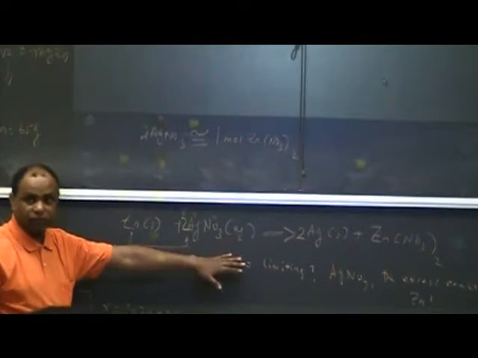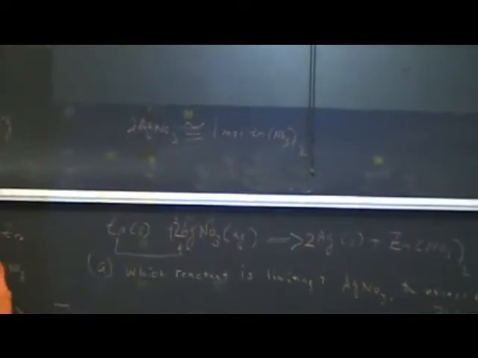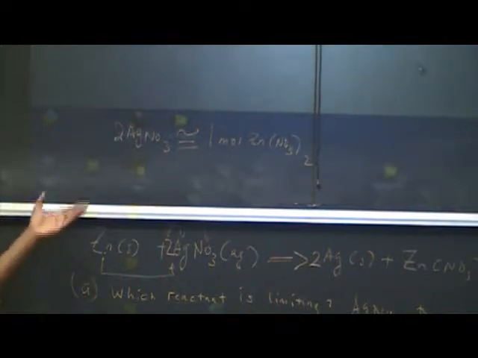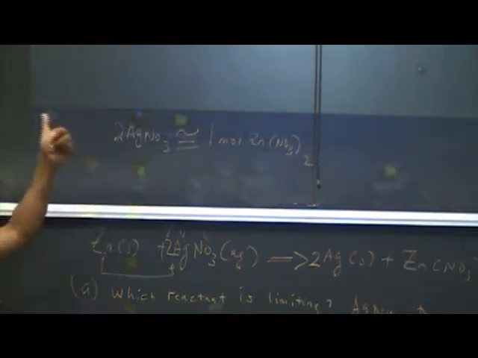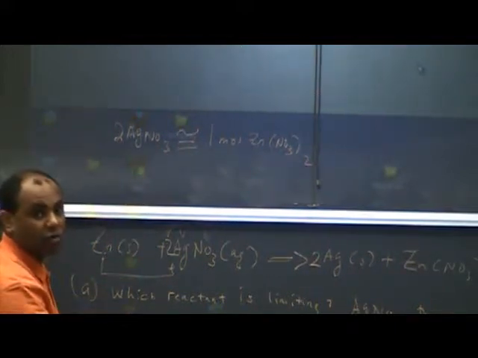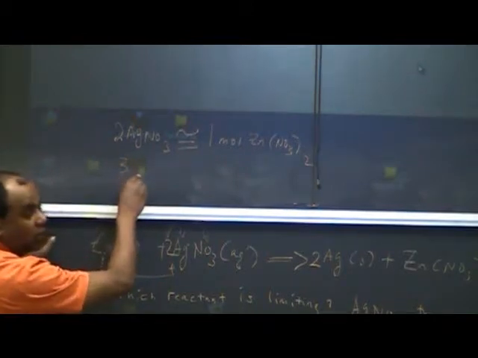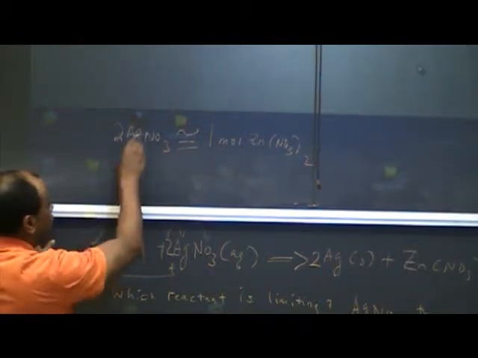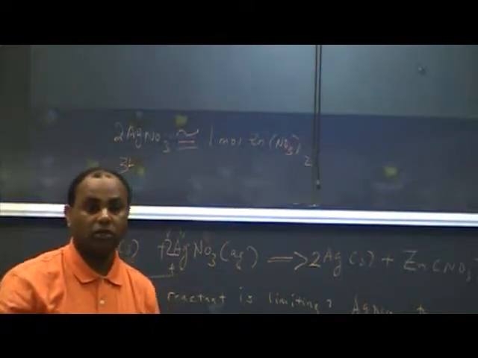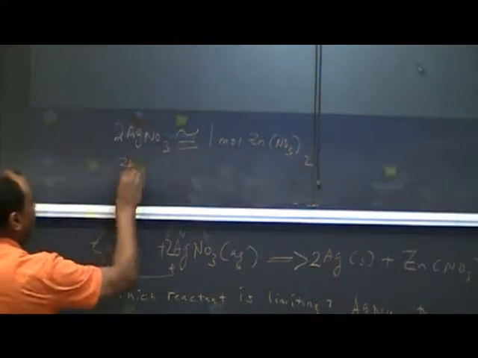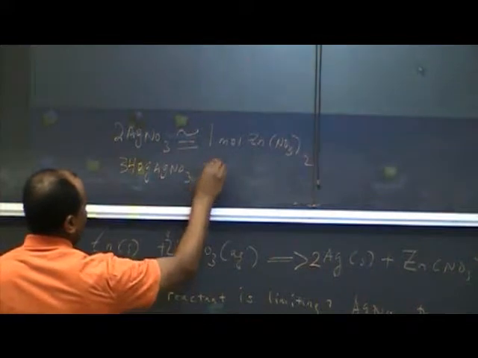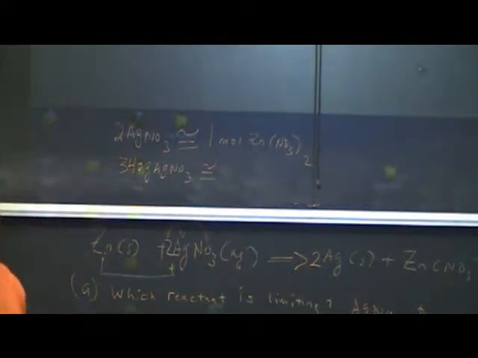But we're not doing a mole-to-mole relationship because everything is in mass, so I'm going to change 2 moles of silver nitrate into mass. 2 moles of silver nitrate in mass will be 340 grams of silver nitrate, stoichiometrically equal to the molar mass of zinc nitrate.